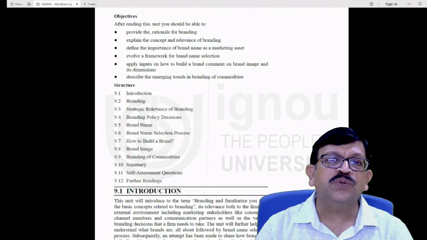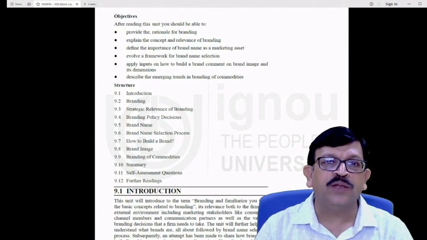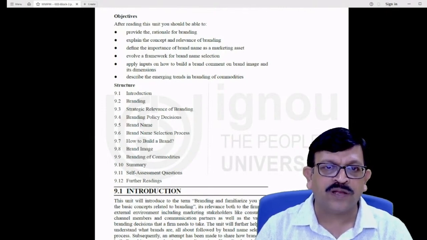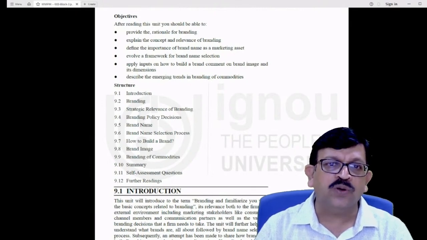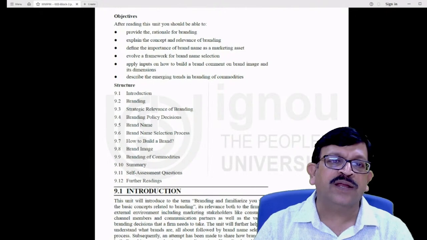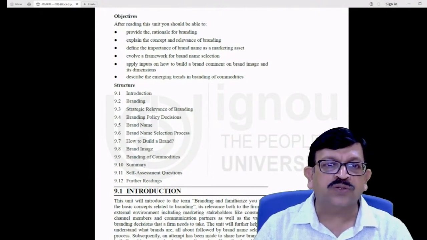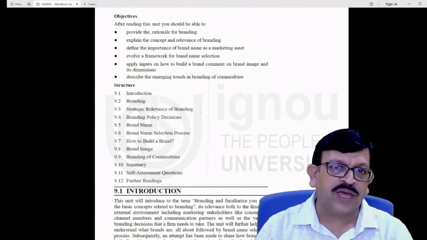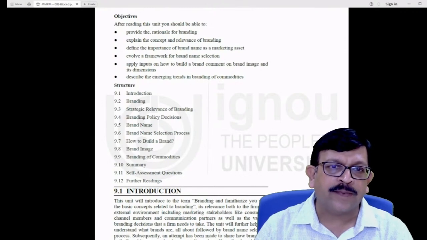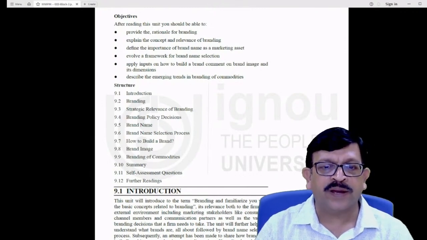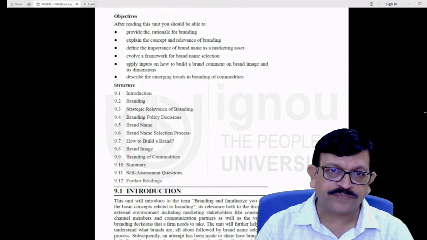We will also look into how to name our brand, what kind of a framework can be used for a brand name selection. And we'll also talk about building brands, going on to a concept called brand image and its dimensions. And further, we'll wind up with branding of commodities.